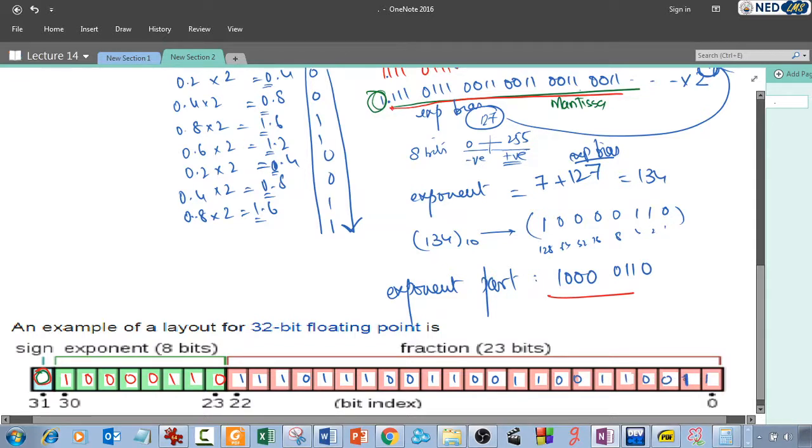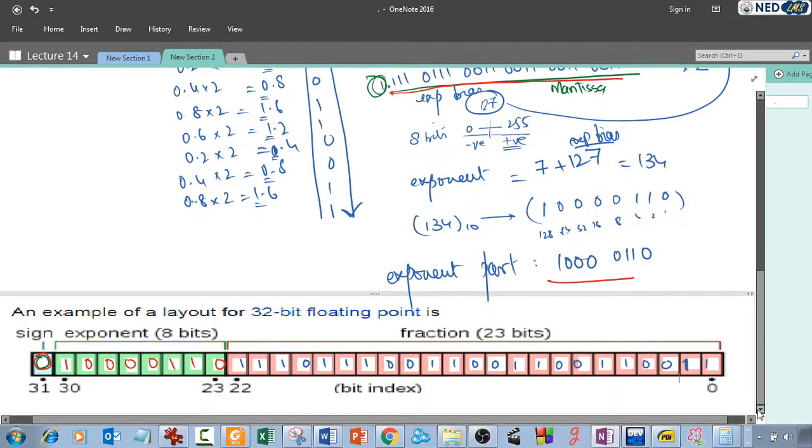This number represents 247.2 in IEEE 754 format.